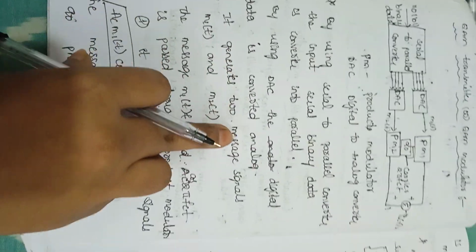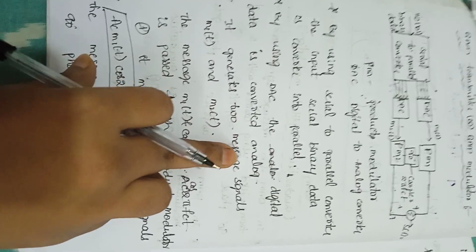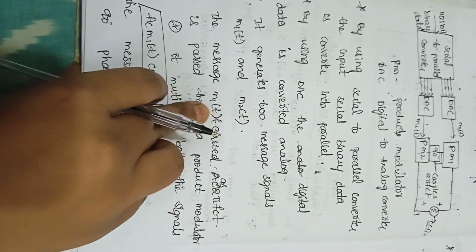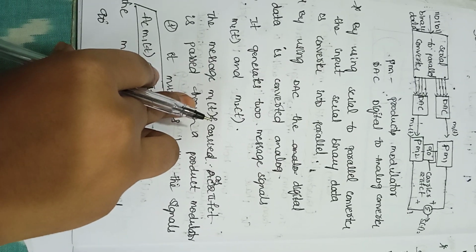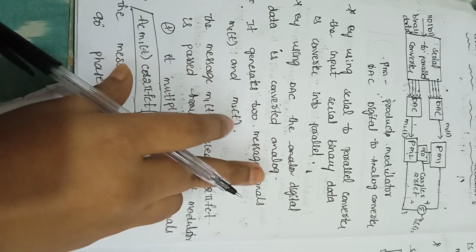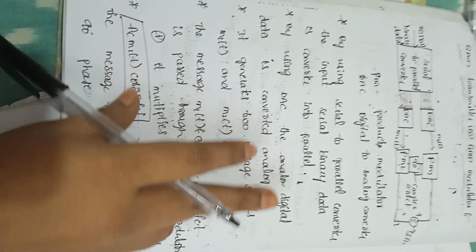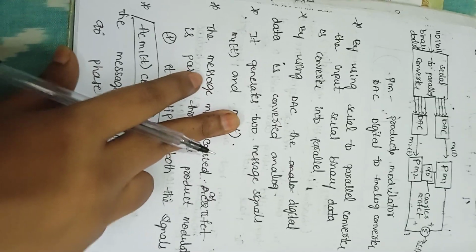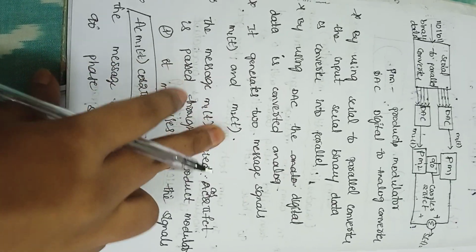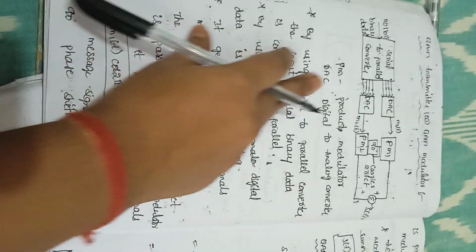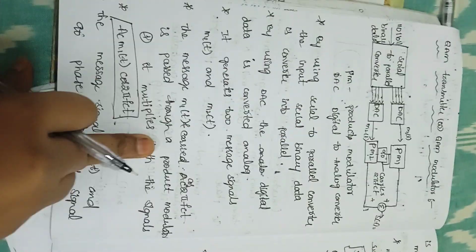By using the DAC, the digital to analog converter, the digital signal which has passed through the serial to parallel converter is converted into the analog signal. Here it generates two message signals, M1 of t and M2 of t.